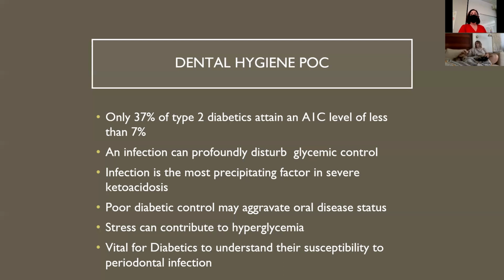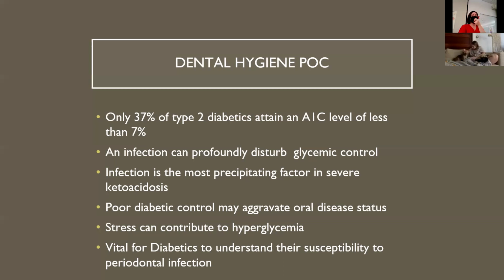So infections of any kind can cause a profound disturbance of glycemic control, which, as you said, can potentially lead to ketoacidosis or the diabetic coma, which is the medical emergency we do not want to have happen. When infection is present, counter-regulatory hormone secretion increases, specifically things like cortisol, the stress hormones, and that has a cascading effect that increases blood glucose.